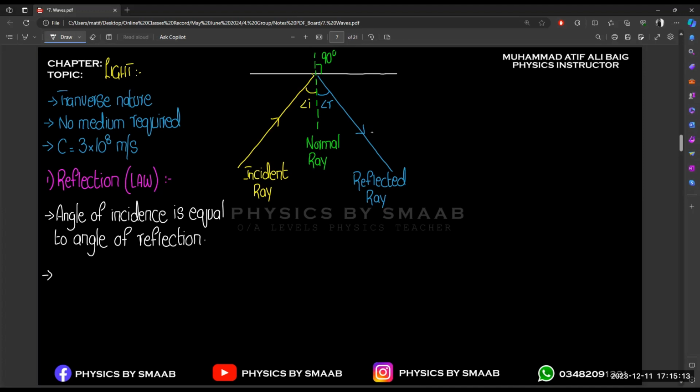The next postulate is that the incident, normal, and reflected ray, so we have three different types of ray in the law of reflection, and all rays lie in the same plane.